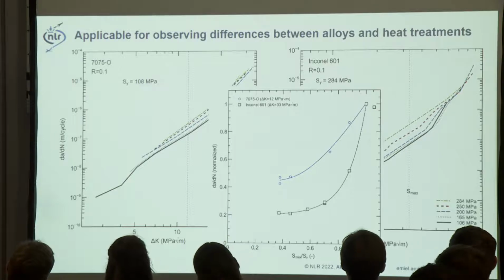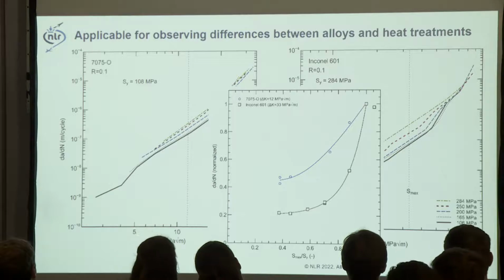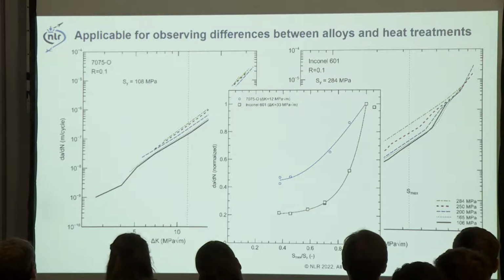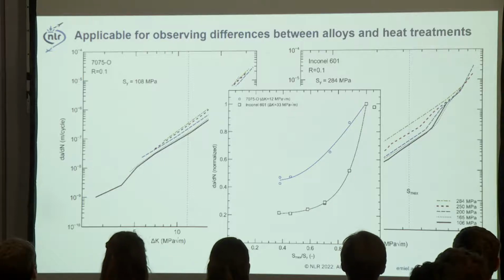At this point, this dotted line, and here as well, you can see that for low maximum stresses compared to the yield stress, there is an influence of the maximum stress, but it's not so much, and it increases as you approach the yield stress.